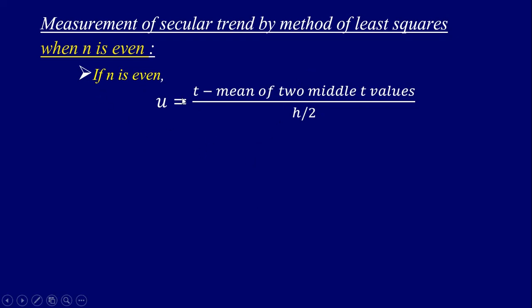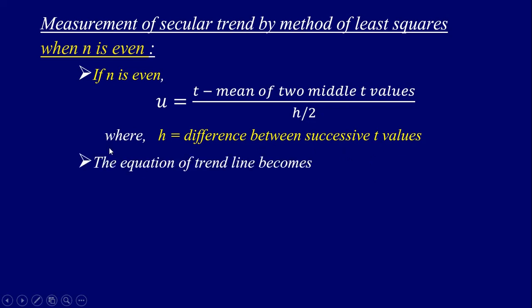So here the formula becomes u is equal to t minus mean of two middle t values upon h by 2, where h is the difference between successive t values.